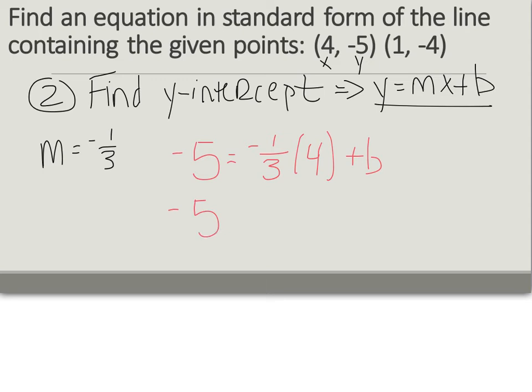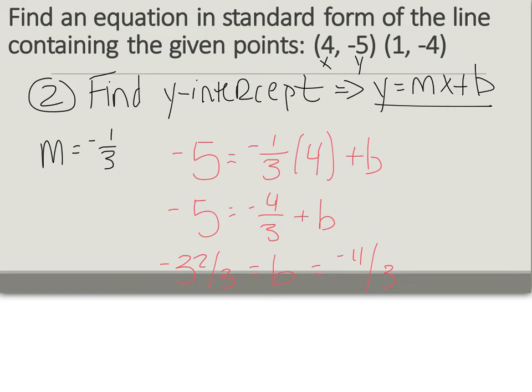So I have -5 is equal to -4 over 3 plus b. And then I'm going to add 4 over 3 to both sides, which is really just adding 1 1/3 to both sides. And you end up with -3 2/3 is equal to b, which is also, if you want to convert it to improper, I would encourage you to do so, because that'll be helpful later.